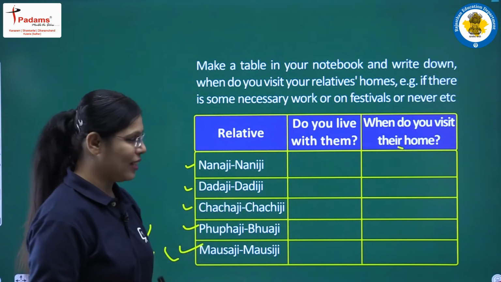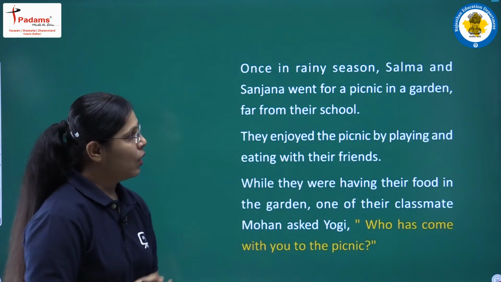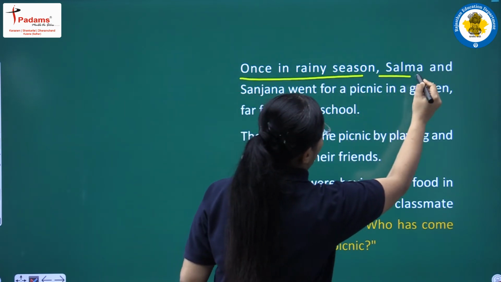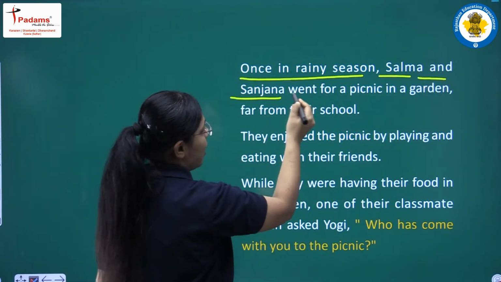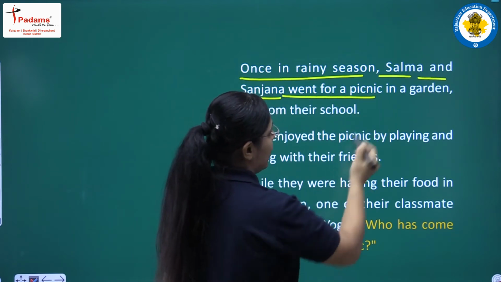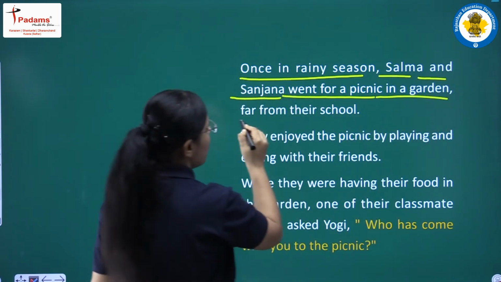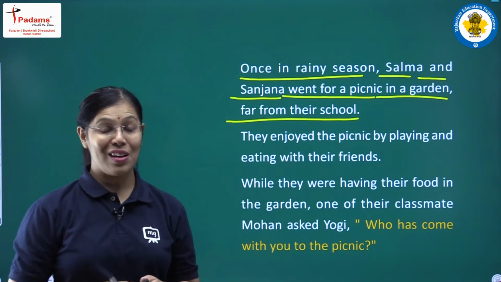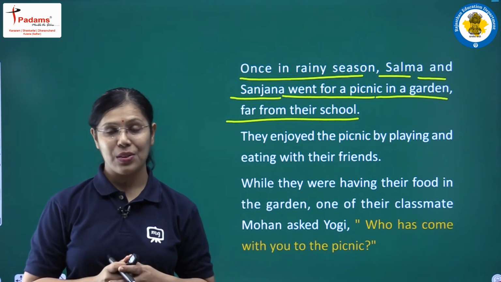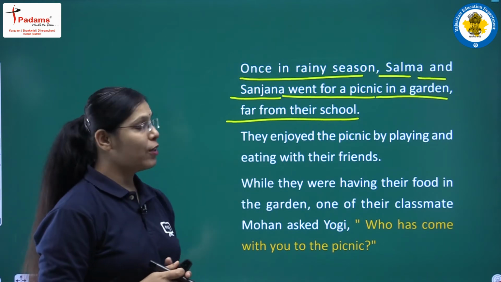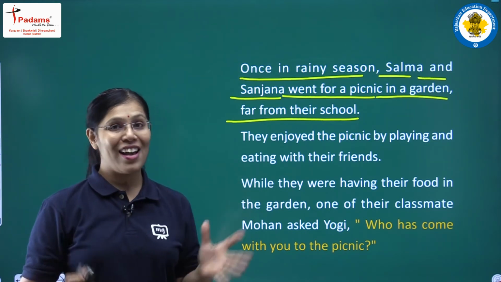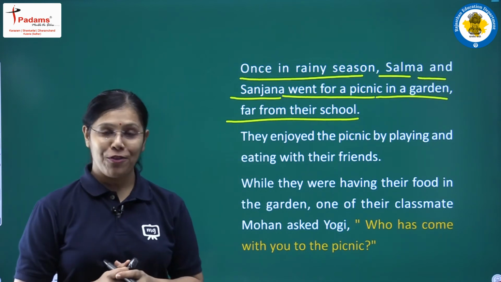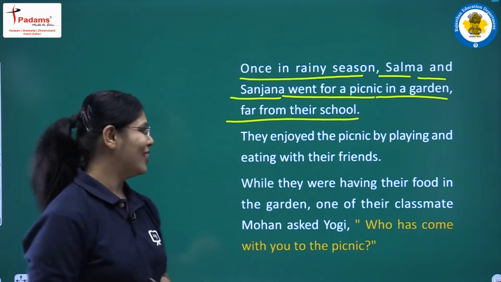So let's move next. Once in rainy season, Salma and Sanjana went for a picnic in a garden far from their school. So Sanjana, Salma and all their classmates went for a picnic in a very beautiful garden, and that garden was quite far from their school.